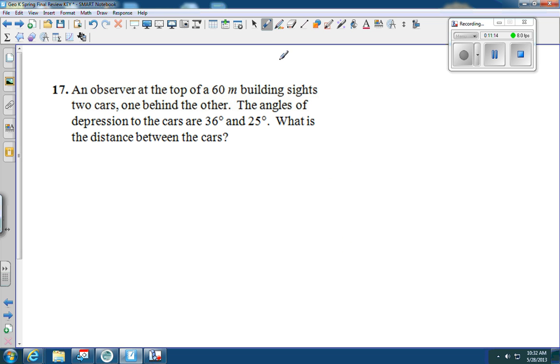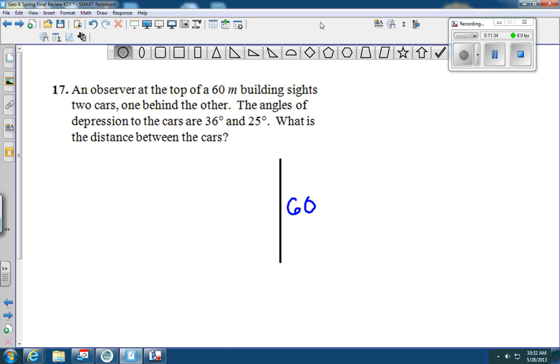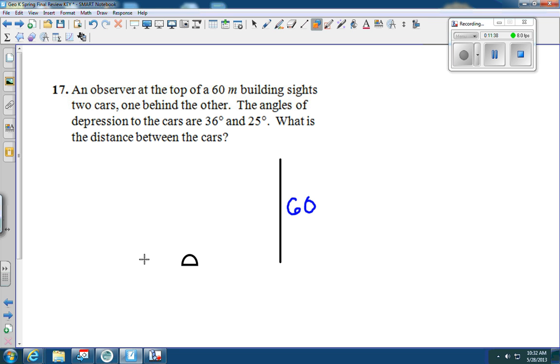17, an observer from the top of a 60-meter building. So here's my 60-meter building. Sights two cars, one behind the other. So here, let's put a little, this will be my one car and then another car, let's say.